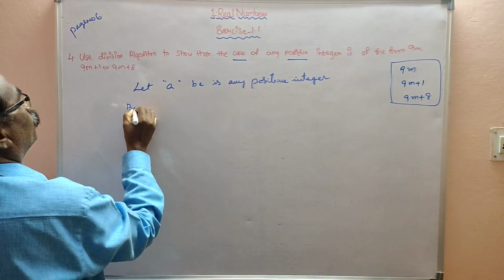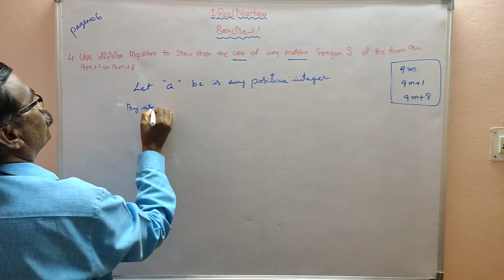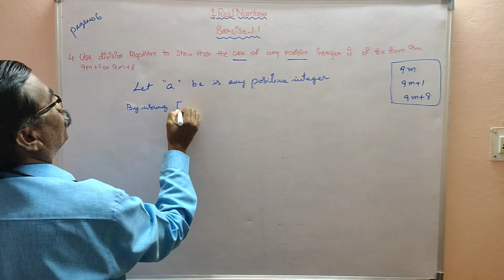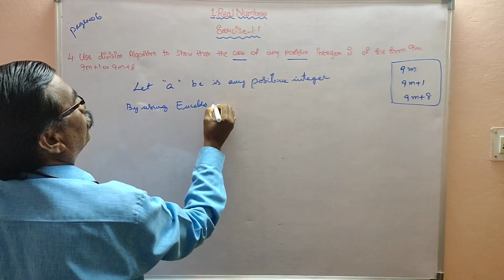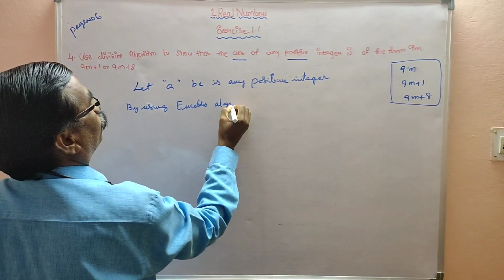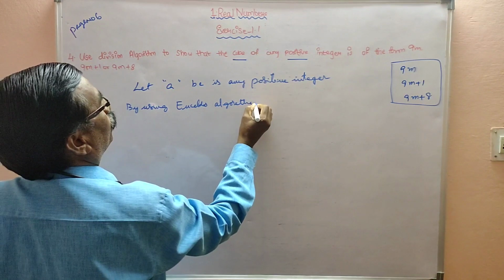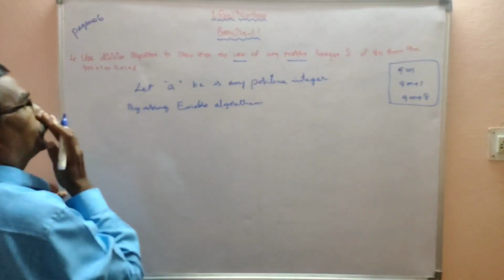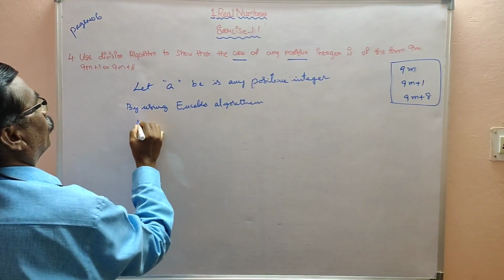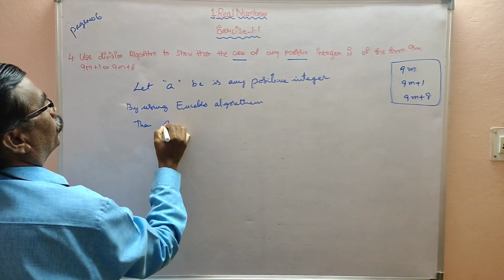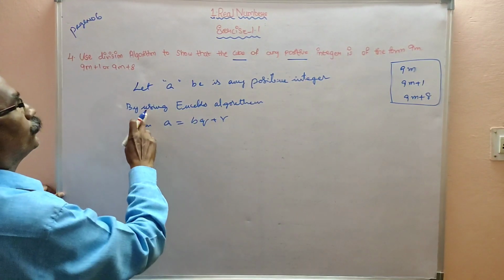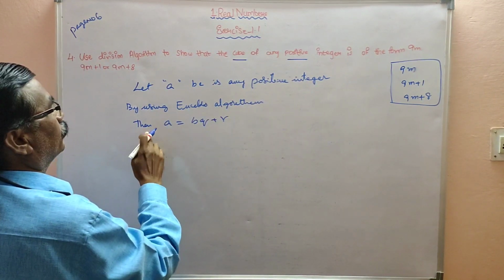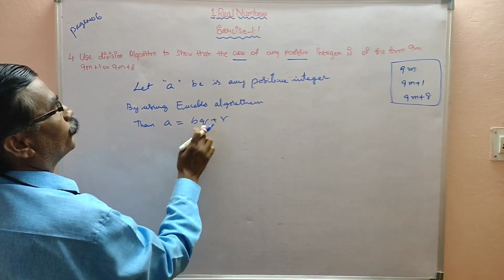By using Euclid's algorithm, a equal to bq plus r.